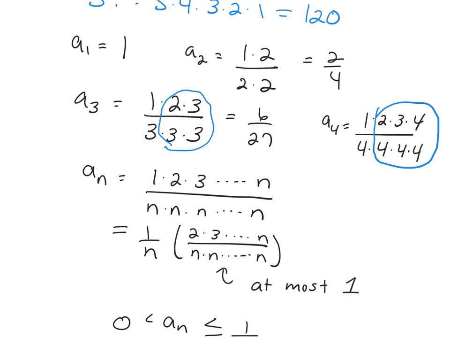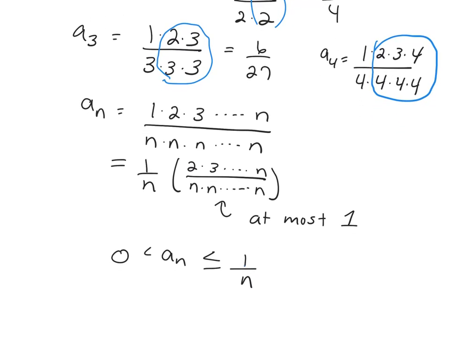Except for the case when we did A2, it was the same number. That's why it is 1 for n equals 2, but after that, it's smaller than 1. Thank you. No problem. Other questions?